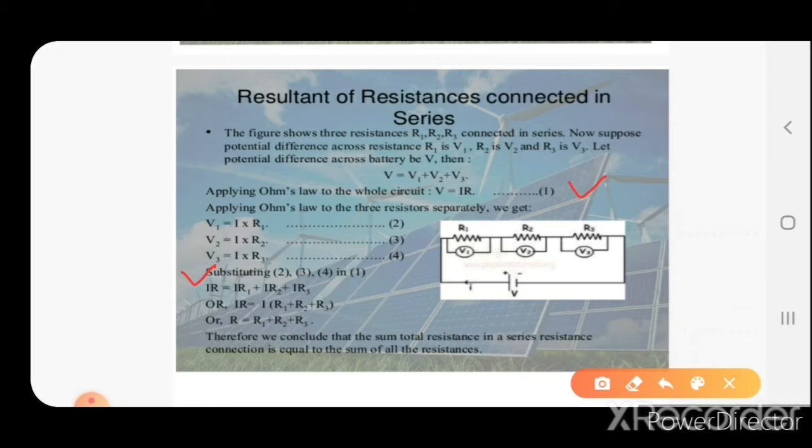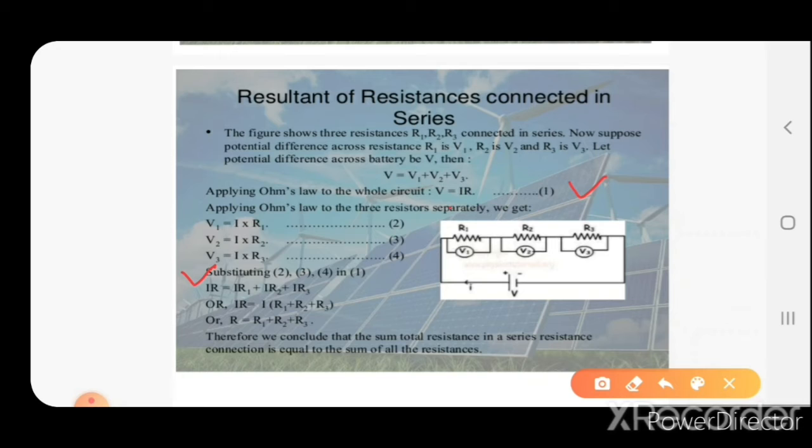In equation 1 we have V is equal to V1 plus V2 plus V3. Now we know that V is equal to IR. So in place of V, we can write IR.